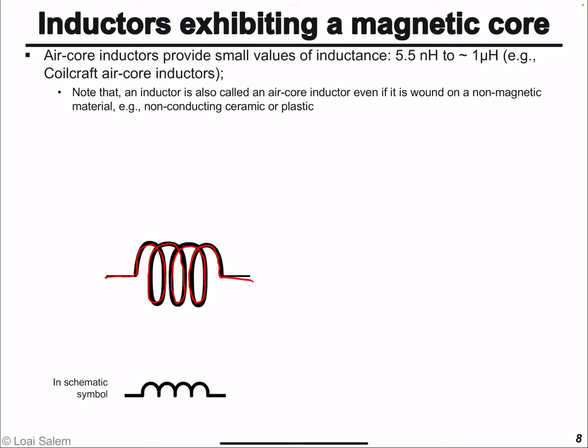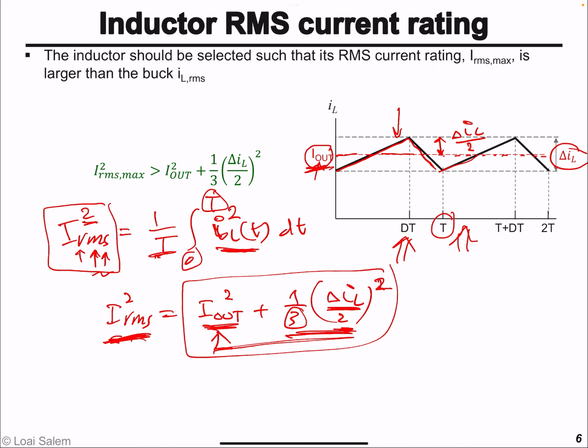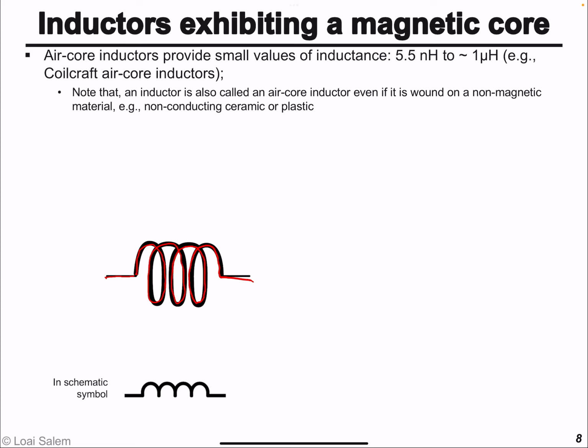You will find that suppliers like Coilcraft provide air core inductors. And by air core, it means the inductor is essentially wound around a ceramic or plastic material, essentially non-conducting or not ferromagnetic. You'll find that the value of the inductance is low, between 5.5 nanohenry up to 1 microhenry, maybe up to 5 microhenry, so it's low.